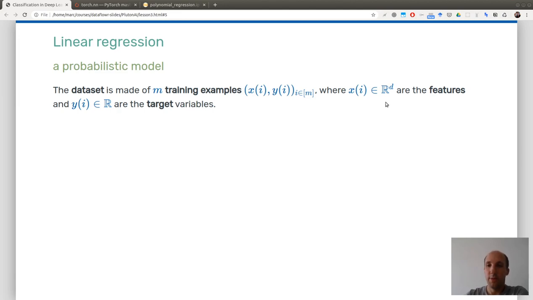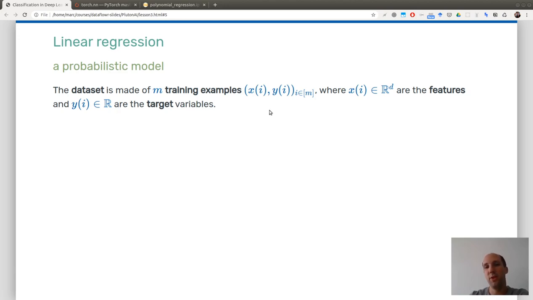You are probably familiar with linear regression, but it's a good way to introduce also all the vocabulary which is used in machine learning and deep learning literature. So I will start with a probabilistic model which is given to me, and the first thing I need to have access to is a dataset which is made of training examples.